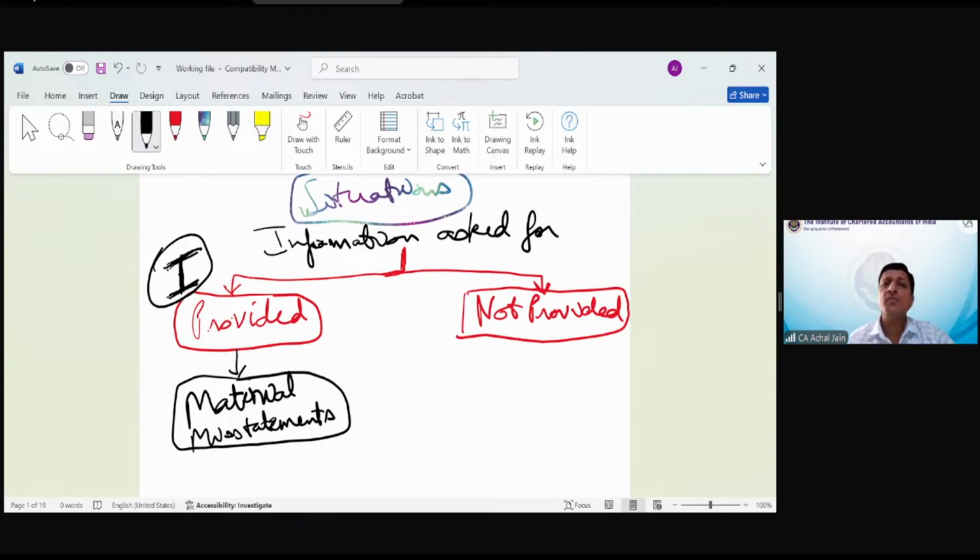Will that be possible? Tell me, what do you think? In the first situation, do you think auditor will not be able to quantify the misstatements?